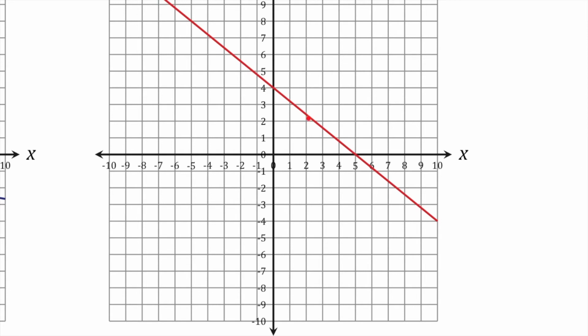If we look at it right off the bat, we can see it's heading downhill, so we know our gradient must be negative. If it isn't negative, then I know I did something wrong somewhere along the line. Now, the first thing we have to do is choose 2 points from this.